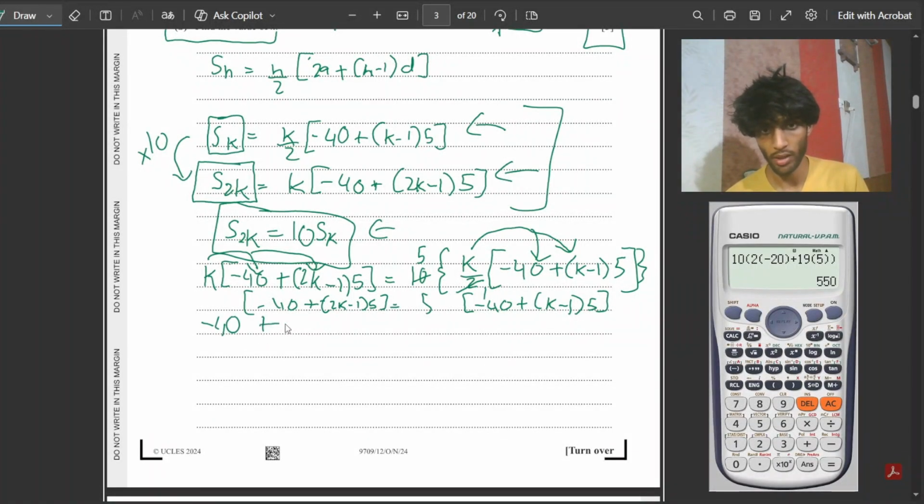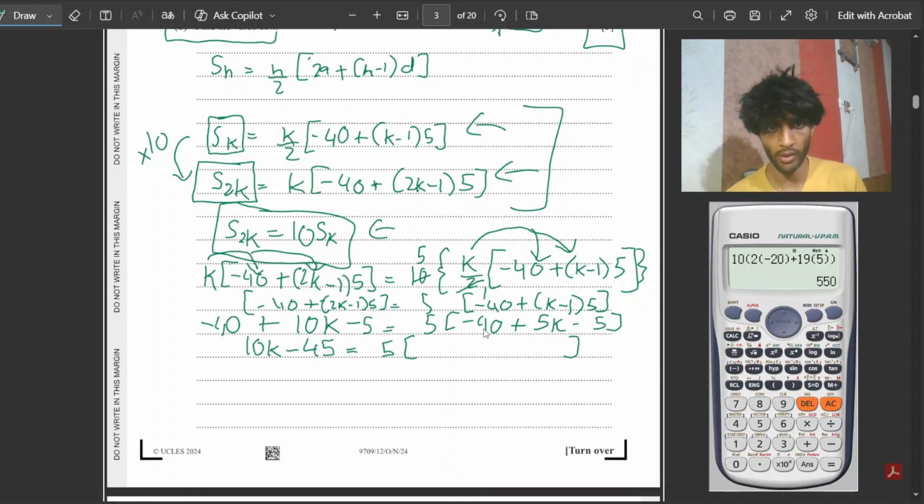So negative 40 plus 5 times 2 is 10k, 5 times 1 is negative 5, is equal to, let's do the same over here. So 5 bracket negative 40 plus 5k minus 5. On the left hand side, we're going to get negative 40. That's going to be 10k minus 45 is equal to, over here we got 5 bracket, we got negative 40, negative 5.